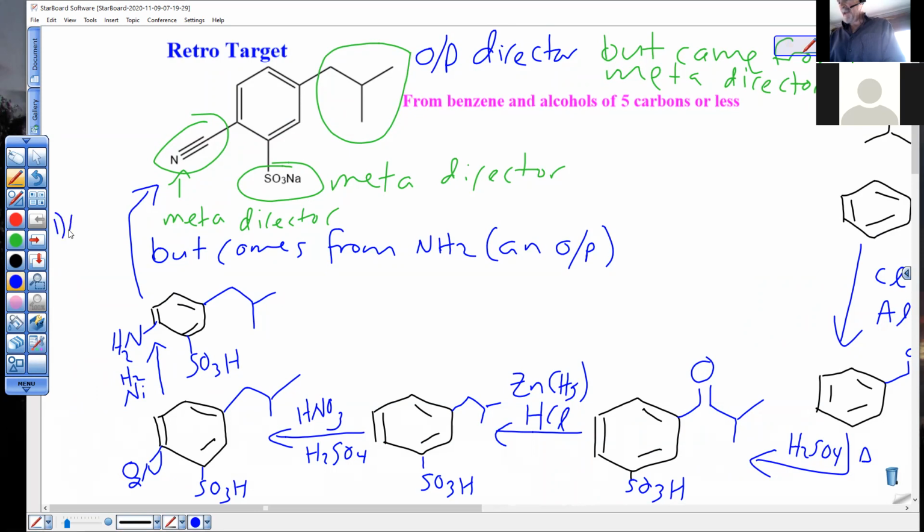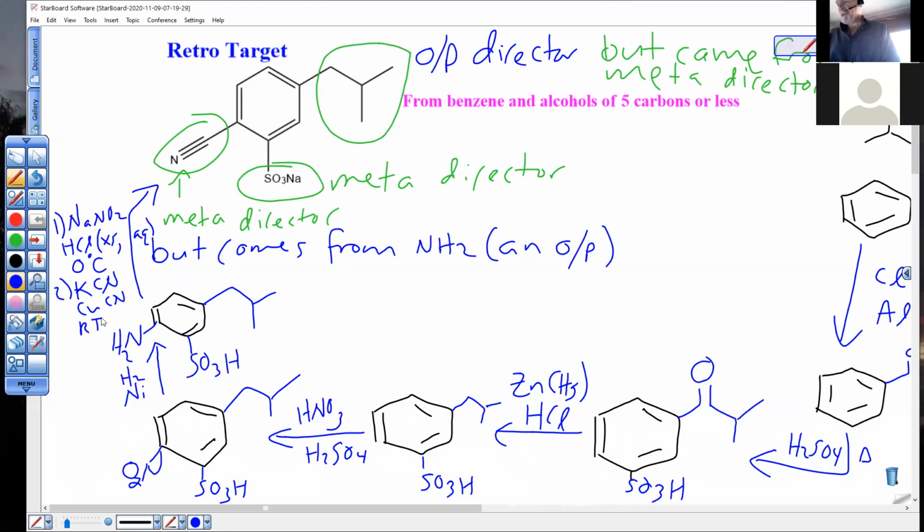Step 1, NaNO2, HCl XS AQ, (0°C). Yes, I will be grading temperature on this particular reaction, because if you don't use 0°C, you have just put a phenol in this position, an OH on this position, and that is not what you want. And step 2 is going to be KCN, CuCN. And you need to warm it up to room temperature.